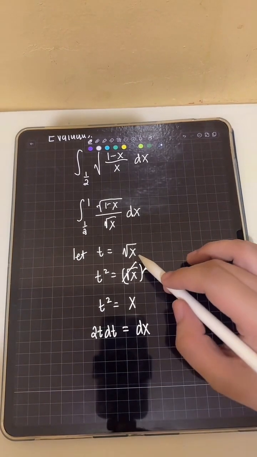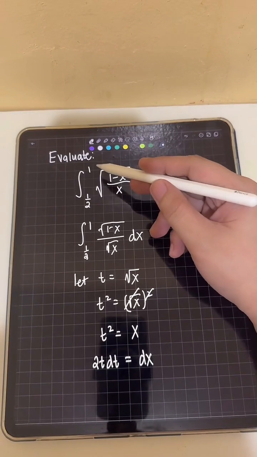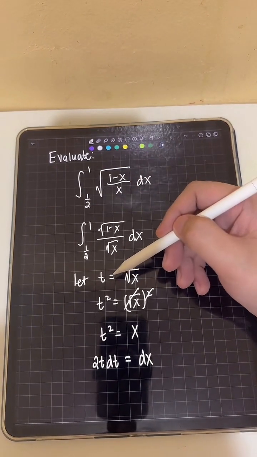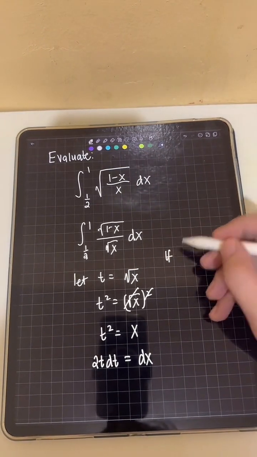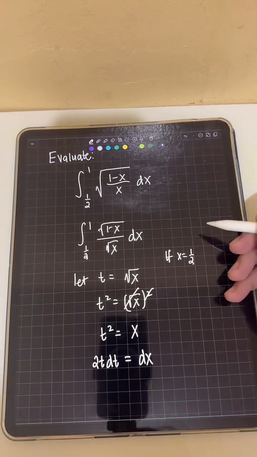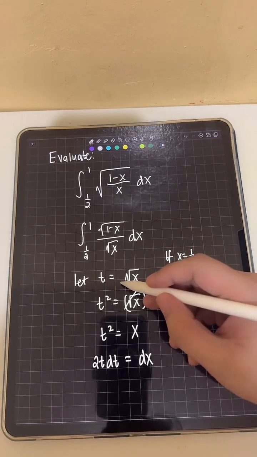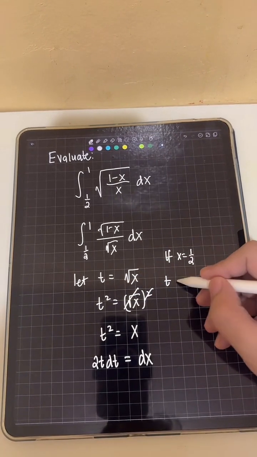But since we use substitution, we should also get the new values of the lower and upper limit in terms of the new variable t. So if the original lower limit is 1/2, we substitute the value of x in the substitution that we have. t is equal to square root of x.